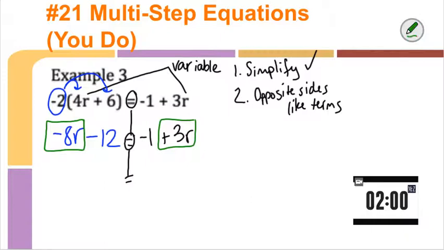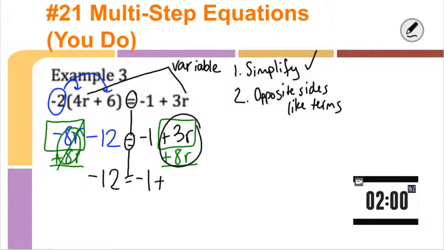So I'm going to make a zero pair with negative 8r. So now I have to keep it balanced and do it over here. So that creates a zero pair right there. So now I've got negative 12 equals negative 1 plus, I add these, 11r.